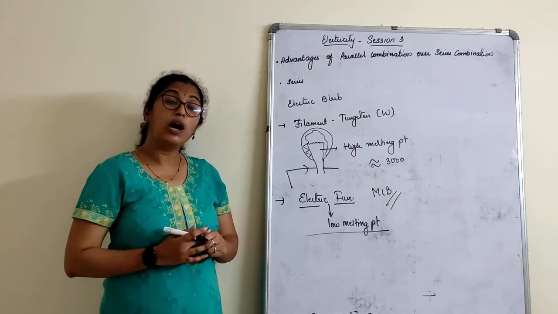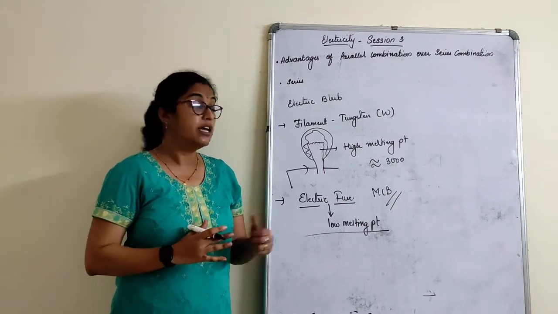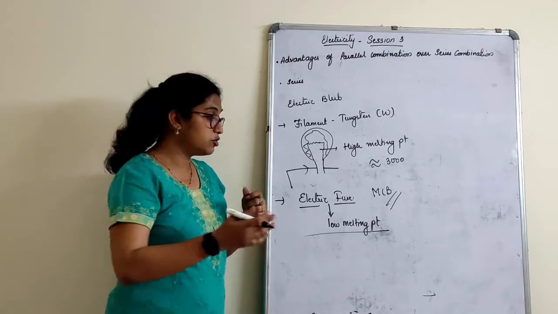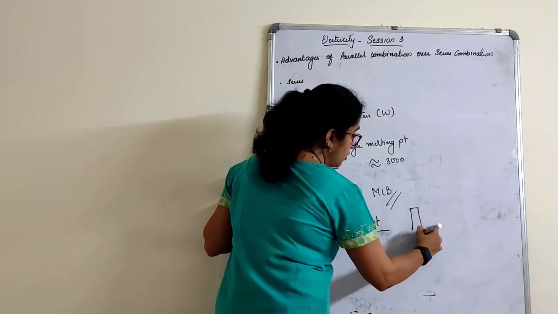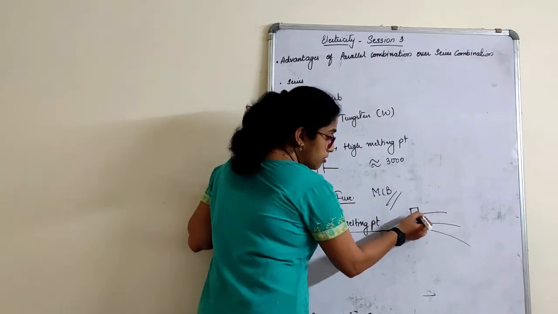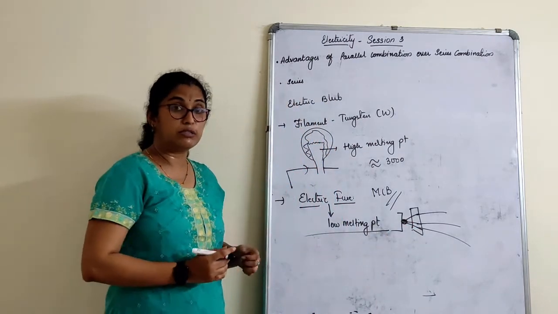That means, how should I connect the electric fuse with the connections to my home? Should I connect this in parallel or in series? Assume that this is one board. Through this board, all the connections will go to your house, right? Assume that all the board wires are connected to a fuse, an electric fuse.